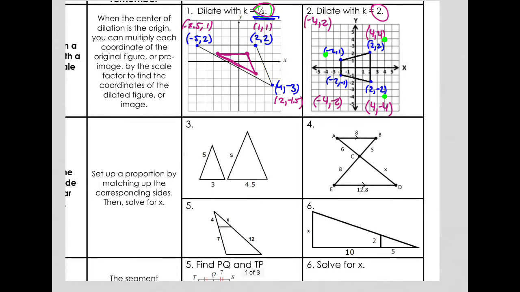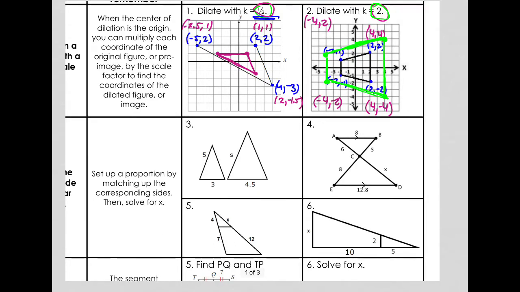And we have -4, -2, which is here. So when you draw your figure, it should look like it's 2 times larger, and hopefully, like I said, you use a straight edge because otherwise your lines come out crooked like mine. Alright, so there is our dilation with a scale factor of 2. It makes sense because it is 2 times larger.